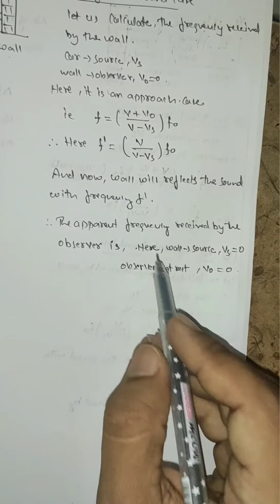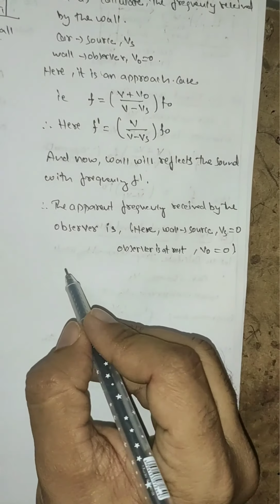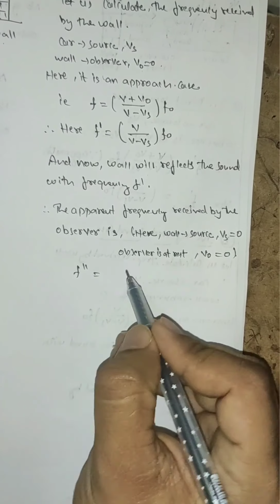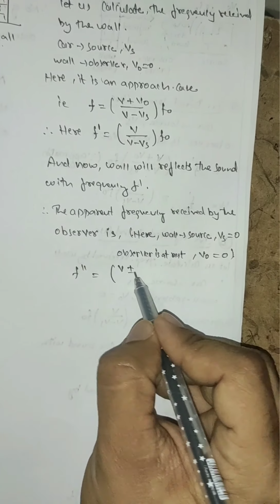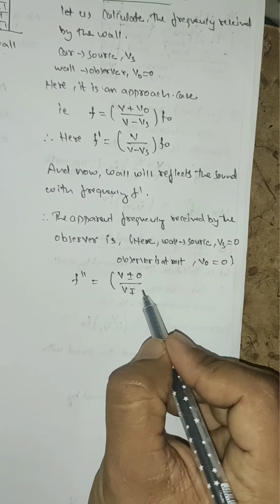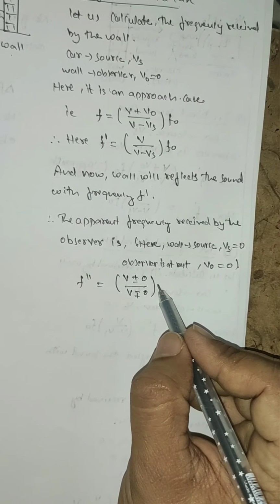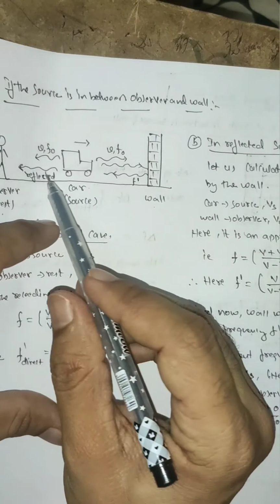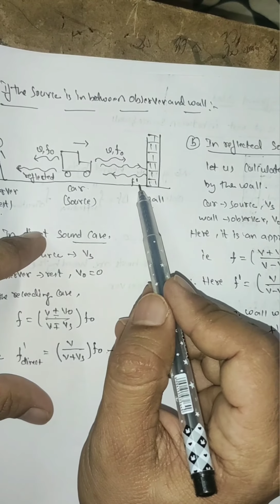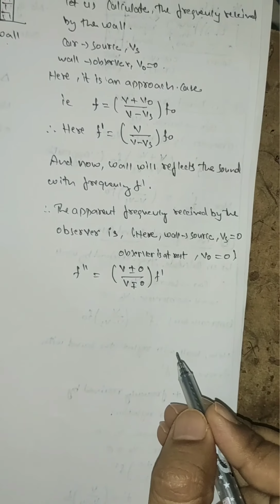So the apparent frequency received by the observer is f double prime, equal to (V plus or minus V naught), which is equal to 0, by (V minus or plus Vs), whose value is equal to 0, into, so what is the actual frequency received by the observer after reflection? It is nothing but f prime, so into f prime.